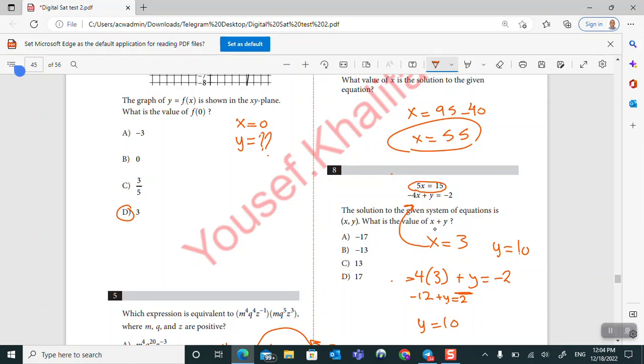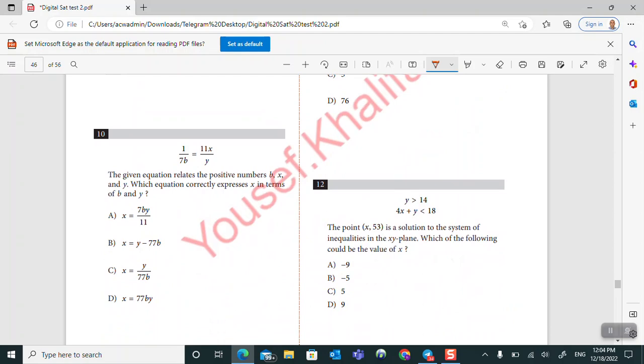The question is asking for x plus y, so 10 plus 3 is equal to 13. So the correct choice is 13. Okay?